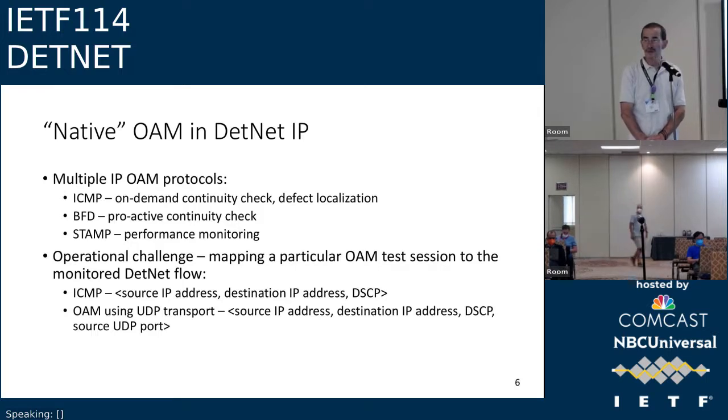The challenge here is that, as in the case of ICMP, these are based on IP, or BFD uses the UDP protocol as a transport with well-known UDP ports. So they're mapping to the particular DETNET flow and the forwarding flow. If the DETNET flow is identified based on a 6-tuple, the mapping could be an operational challenge.